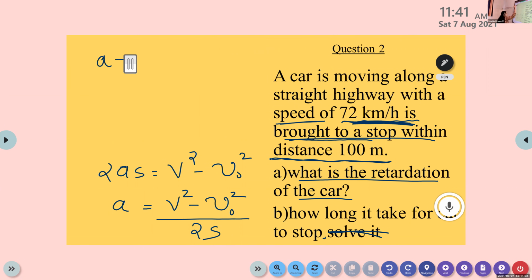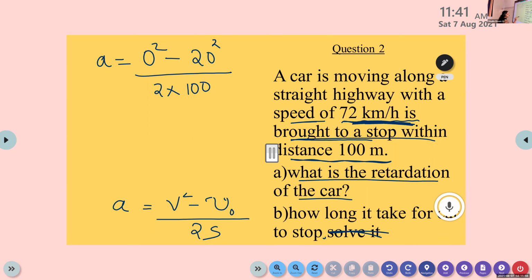A is equal to, what is our v? Final velocity? 0. 0 square minus initial velocity 20 square, divided by 2 into distance, that is 100. So it becomes 0 minus 20 square.